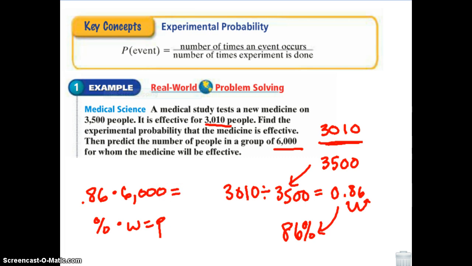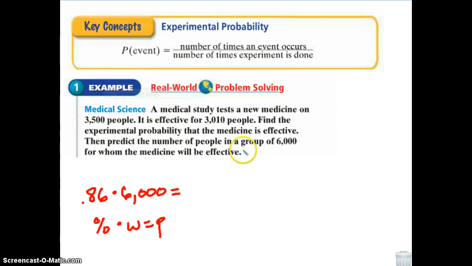And if we put that into our calculator, you're going to see that if there are 6,000 people taking this medicine and if it's 86% effective, that means 5,160 people will be affected positively from this medicine.